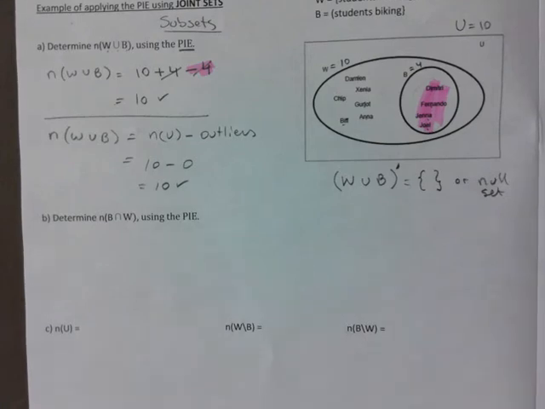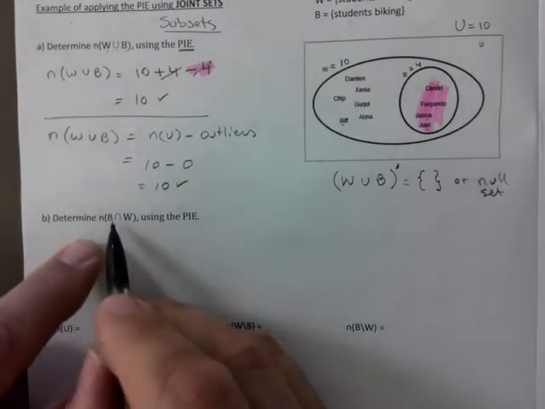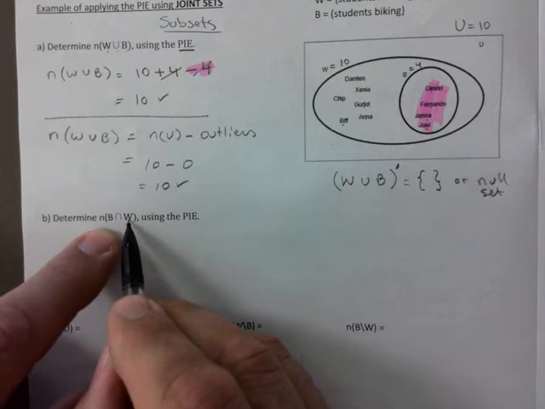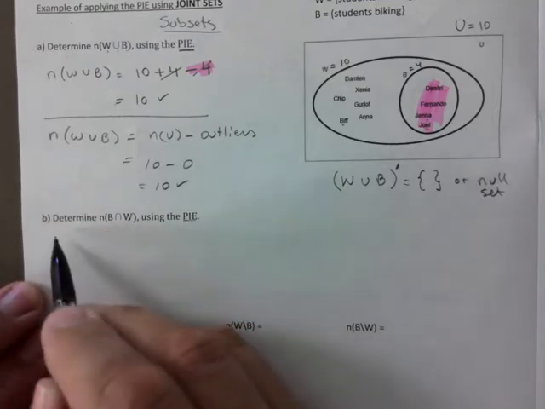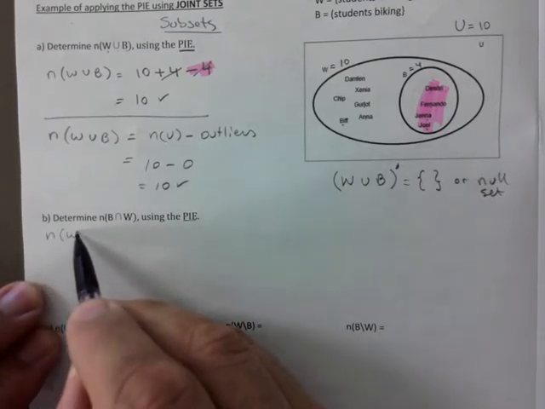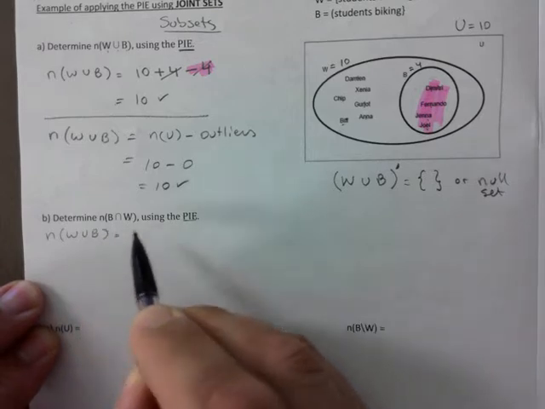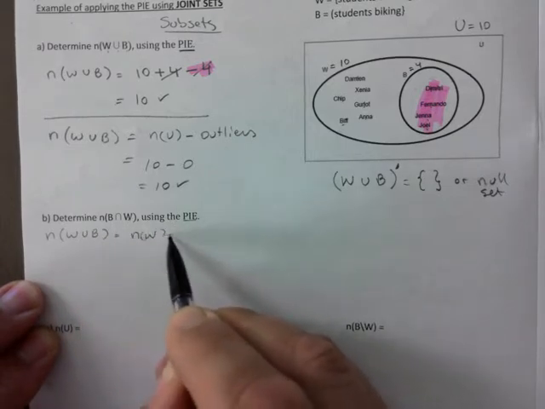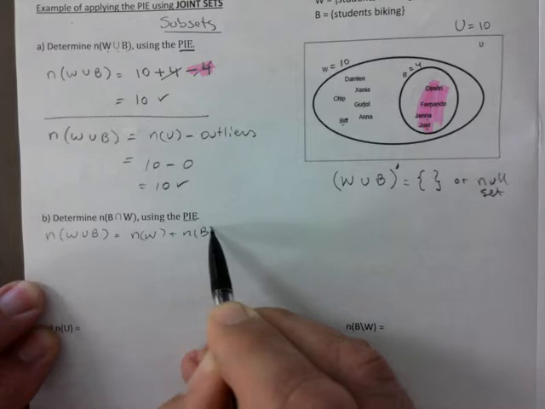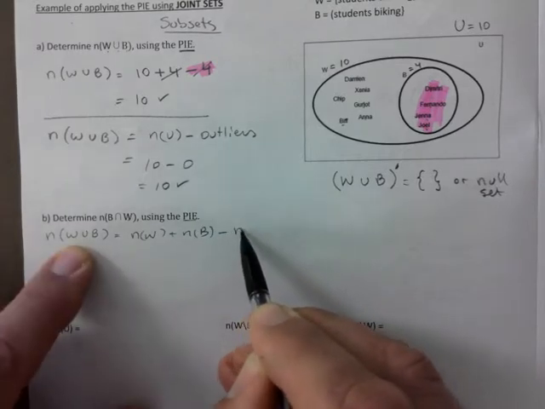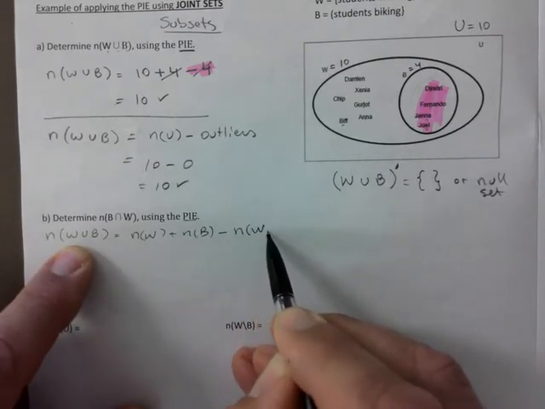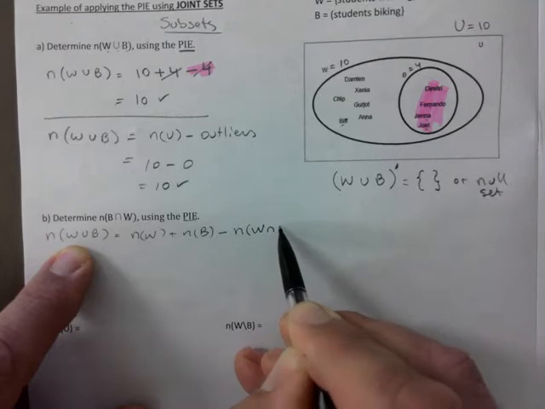And so let's do the same thing. We're now going to find the intersection between them using the formula. I use this one every time: n of the first one plus n of the second one minus the intersection of the two.